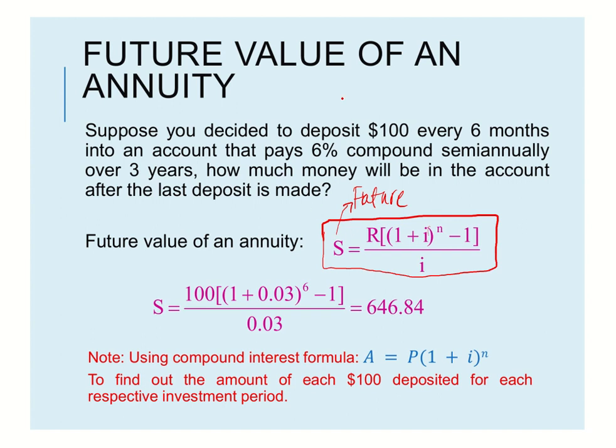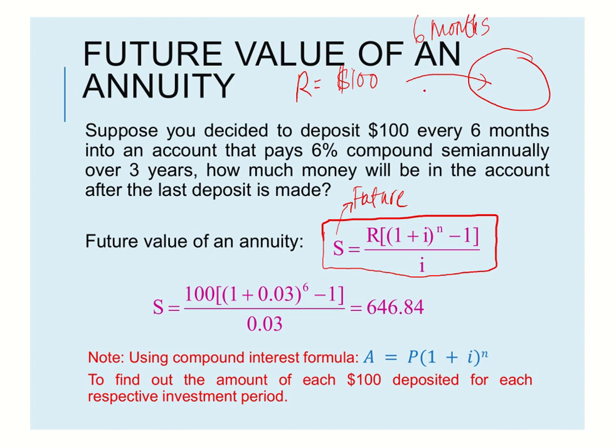So now you pay $100 every 6 months into the account. Imagine this is the account. This $100 is called the regular payment because we pay this amount of money every 6 months. So we pay it regularly.